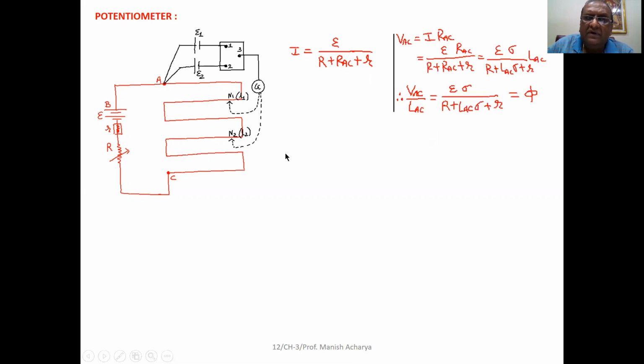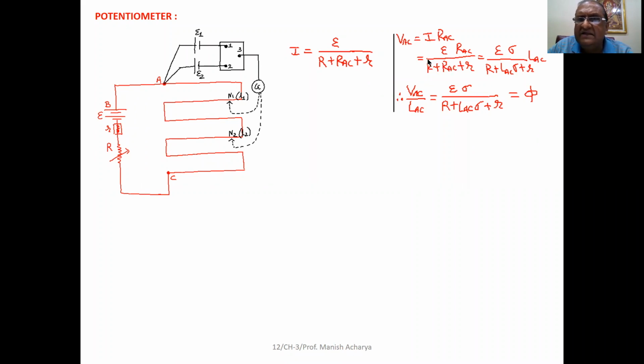Now, suppose this current is constituted. So if current I is flowing through this wire AC, then the potential difference between the two end terminals A and C of the wire we can write. So the potential difference across AC is current I into resistance of AC. Now substitute the value of current I here.